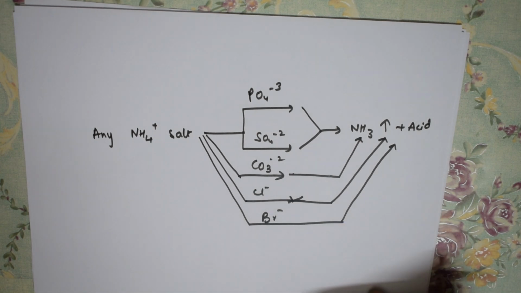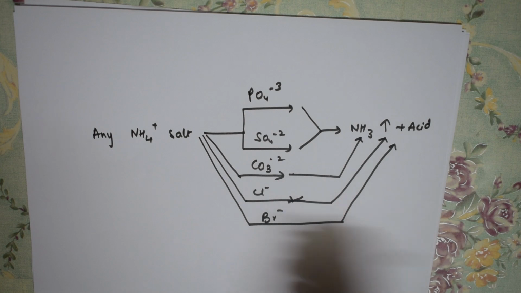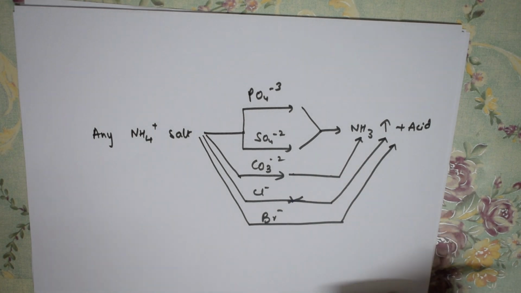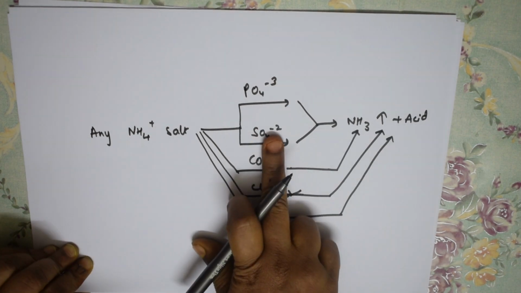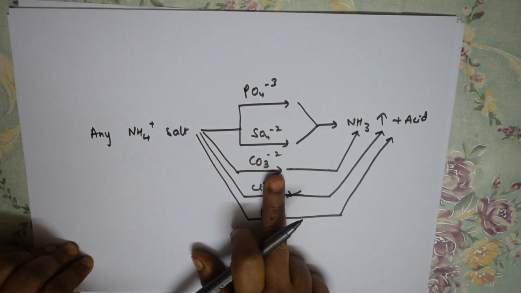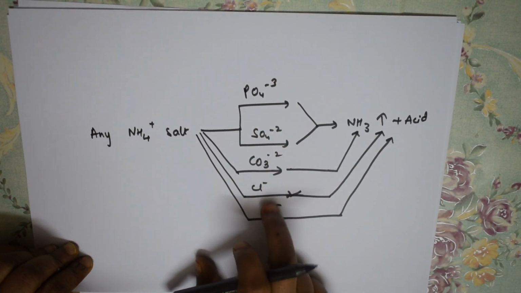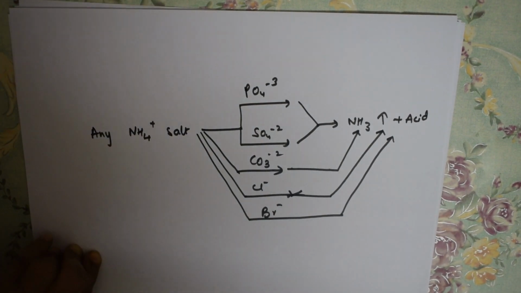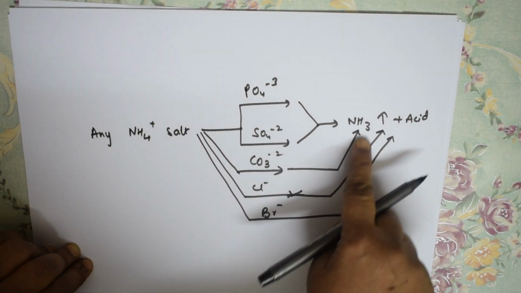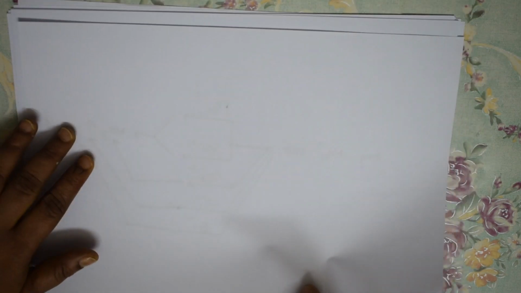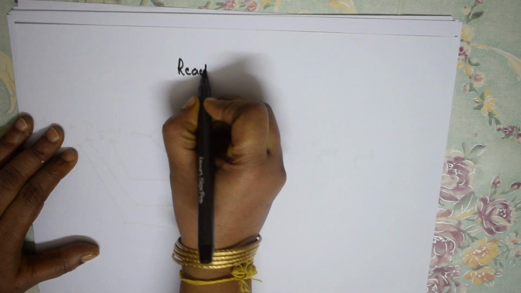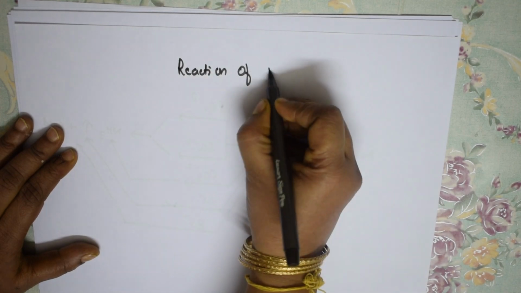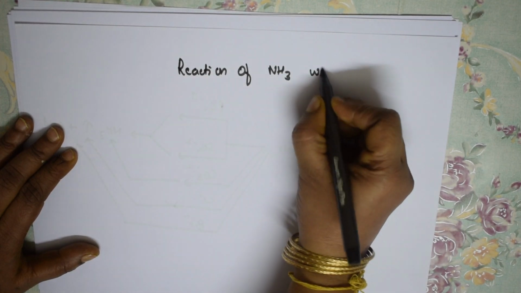So let us see these reactions, how they are going about. Iodine also, the same concept. Let's see the reaction. I said ammonia plus independent radicals plus the carbonate anion and the halogens X minus. They are going to give me the same ammonia plus acid. So let us write the reaction of ammonium with independent radicals.